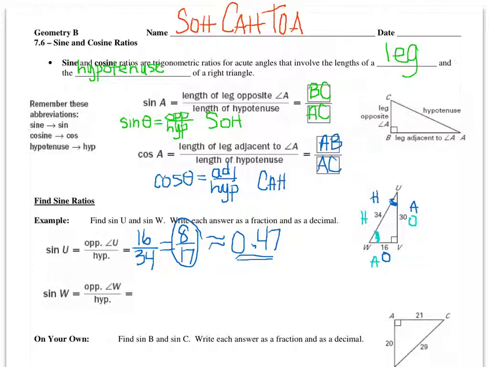So sine is opposite over hypotenuse, so the opposite side from angle W is 30, and the hypotenuse is 34. So if we reduce 30 over 34, that gives us 15 over 17 as a reduced fraction. So there's my answer in fraction form, and we often just keep the fraction form of these. Usually, especially when you move into Algebra 2, you'll just keep your answer as a fraction. If you change it to a decimal, though, you would get 0.88 or 88 hundredths.